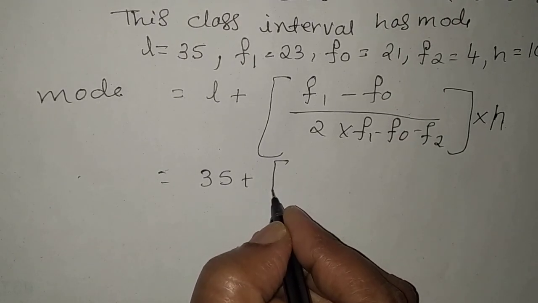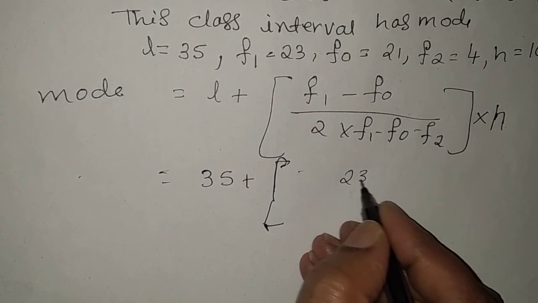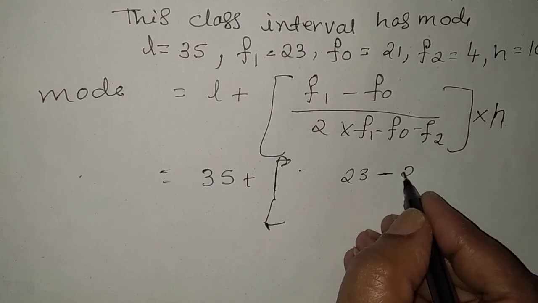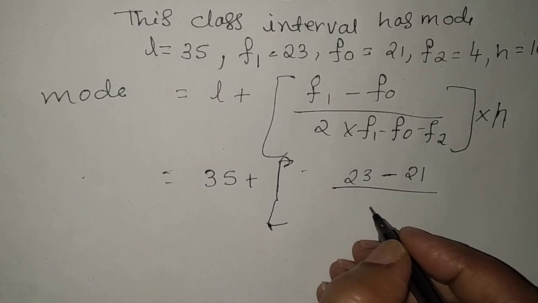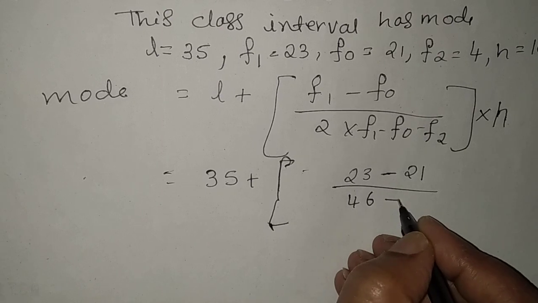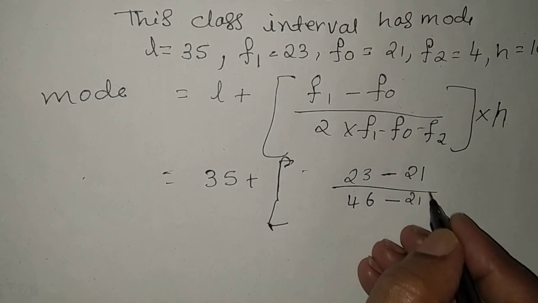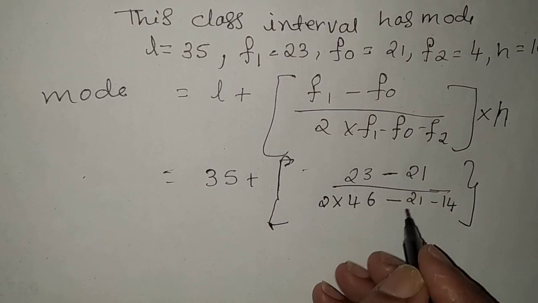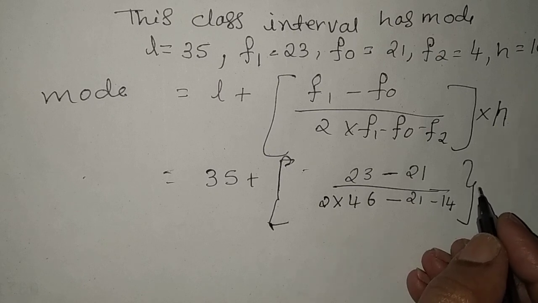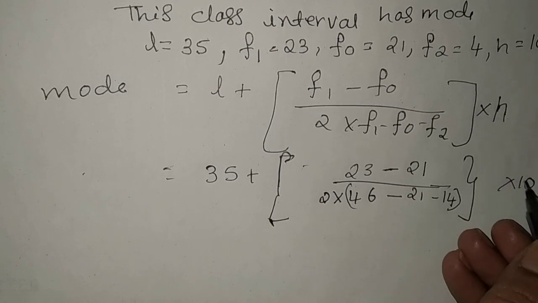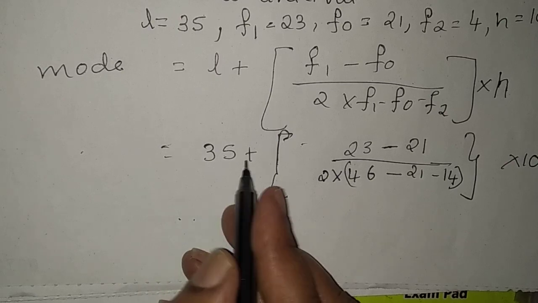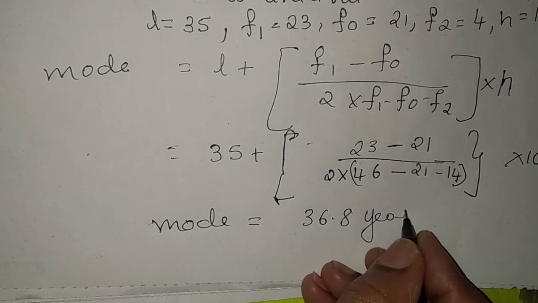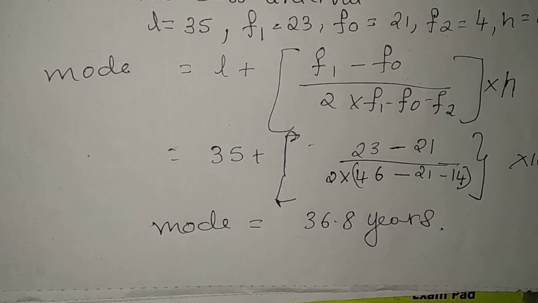L is 35 plus 23 minus 21 by 46 minus 21 minus 14, into how much? 2 into, 35 plus 2 into this whole thing into 10. 10 is H. So finally we get, after simplification, mode is equal to 36.8 years. So this is to calculate mode.